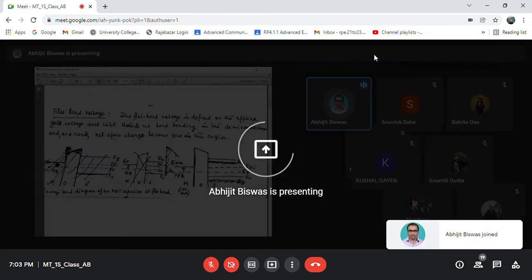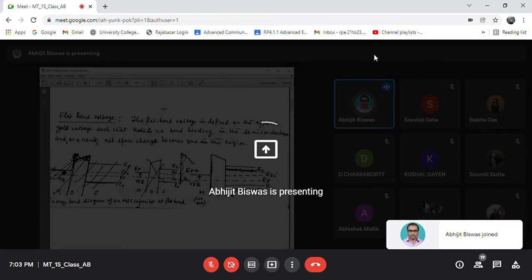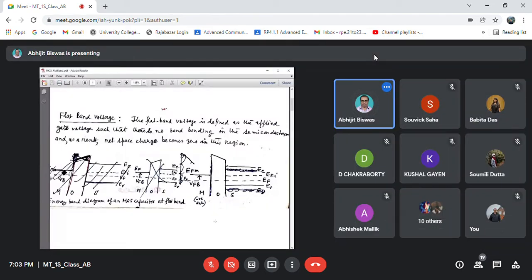So first I shall explain again this flat band voltage. This flat band voltage refers to the applied gate voltage for which there is no band bending in the semiconductor. Consequently, you will not see any space charge in the semiconductor region. And here you see the band diagram.